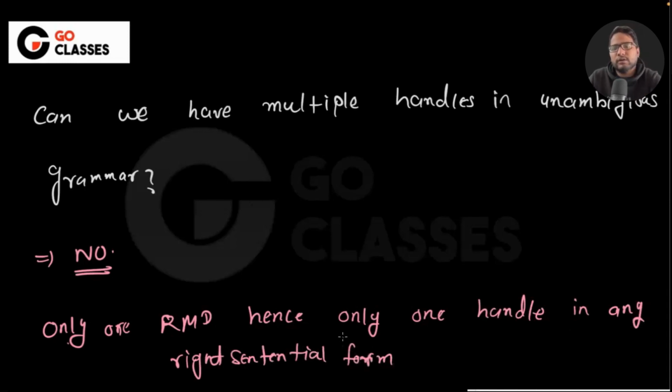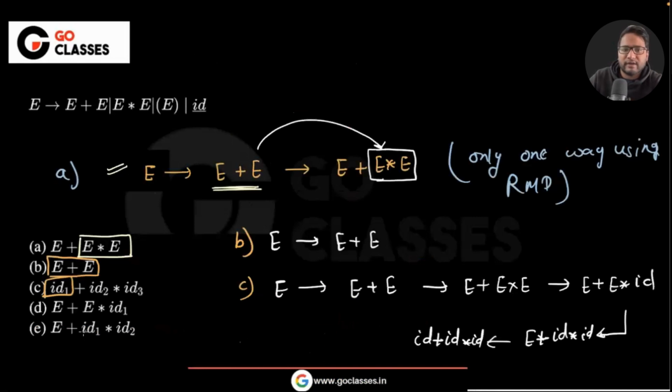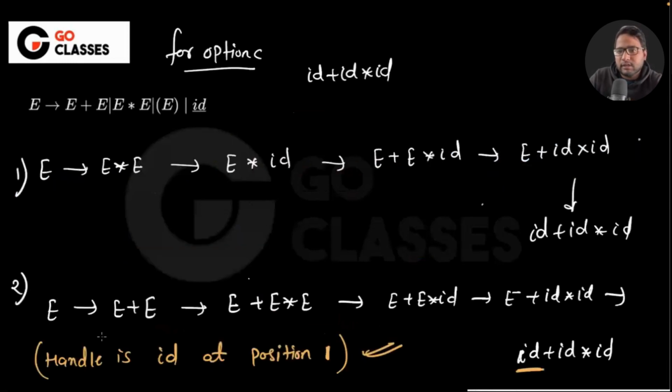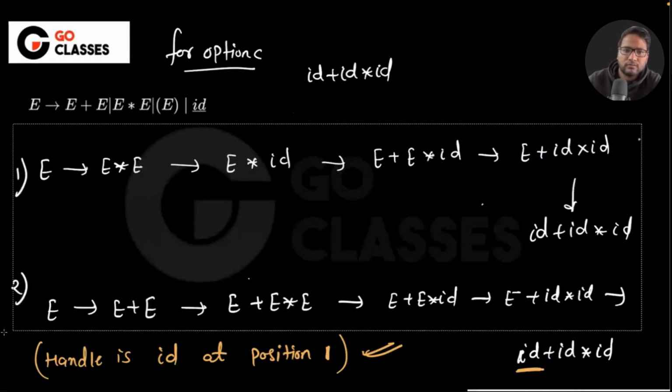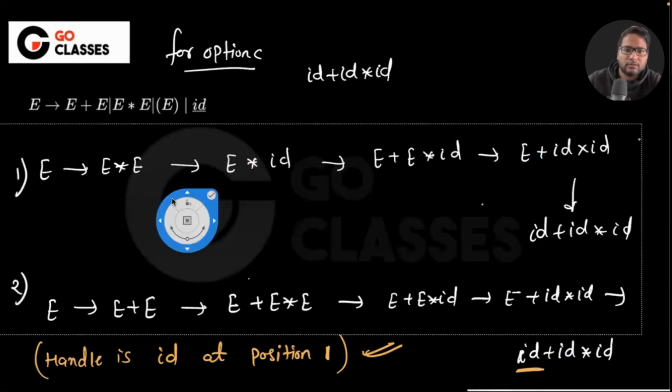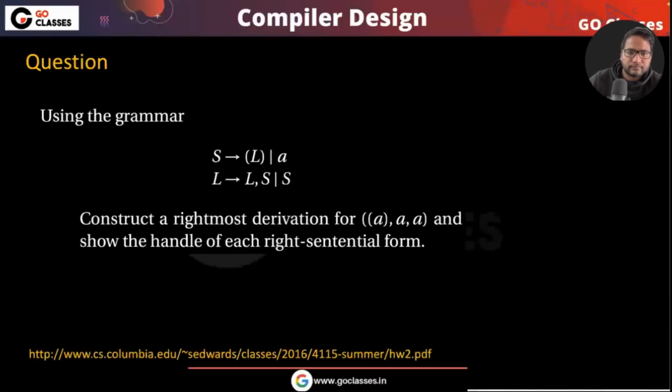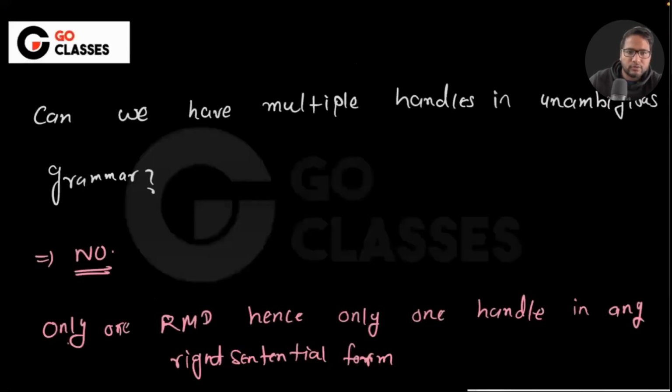Okay, so in option D, we have multiple handles. That's fine. So here E is a handle, E plus E is a handle, or ID is a handle. Now tell me, E plus ID into ID, so which means E plus ID into ID, this much, right? Now let's go to option E. Maybe I can just copy these things and show you.